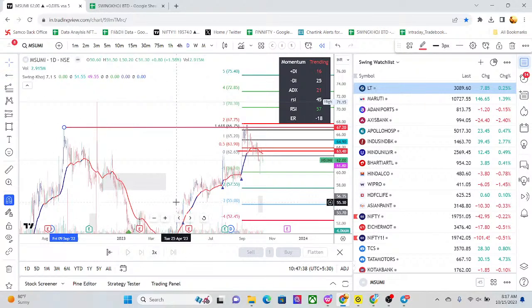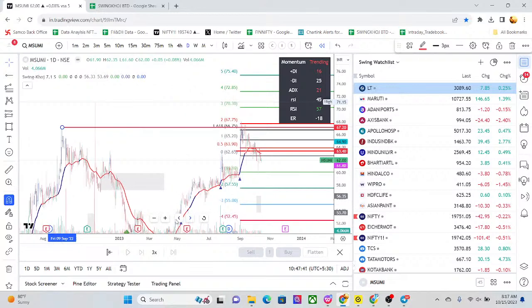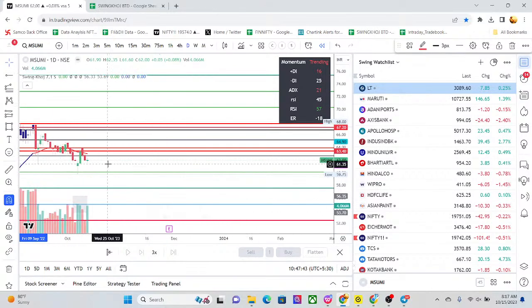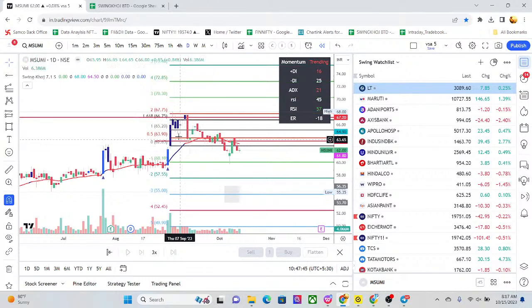So we can book 1:1 here. Are you getting it? It's not too big a bar.